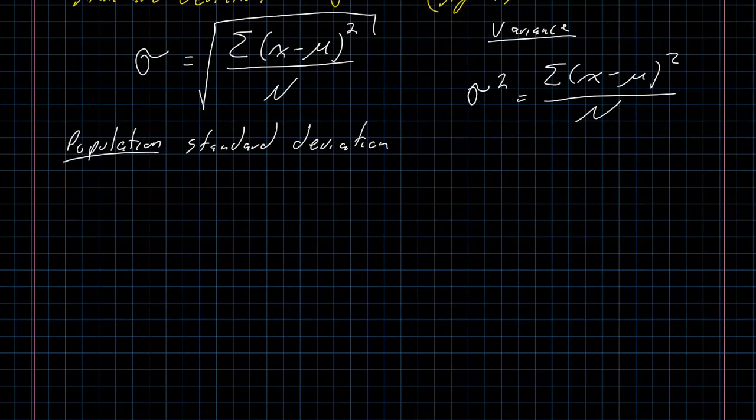So when I'm looking at the values I'm going to include, I need to have an entire population to work with. So let's look at a very simple set of data.